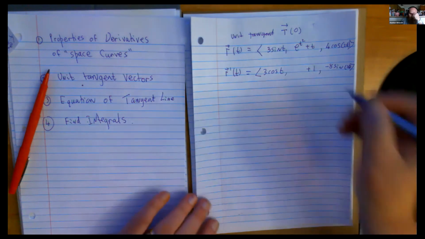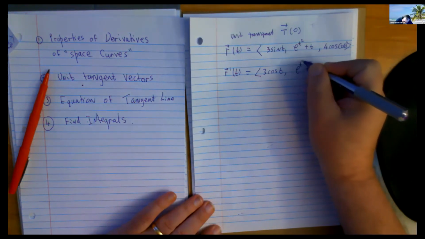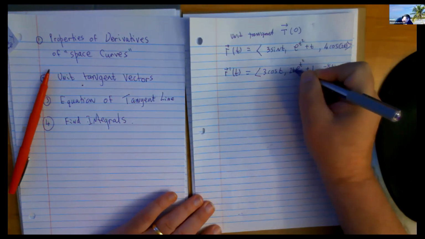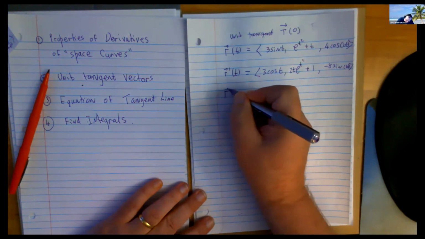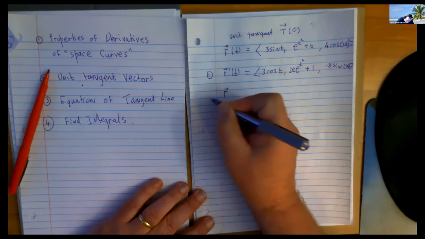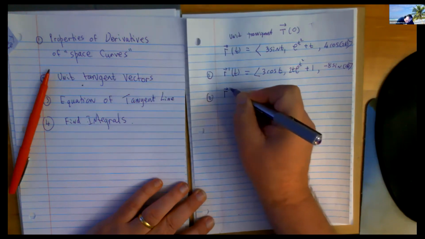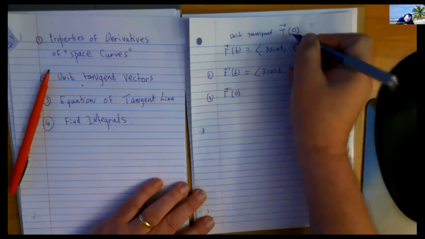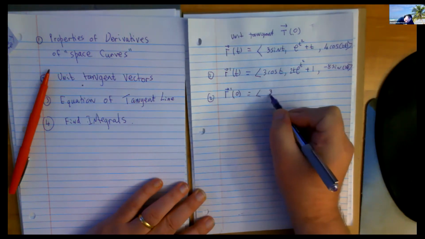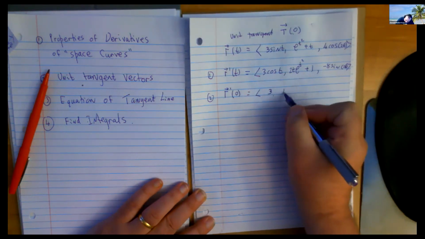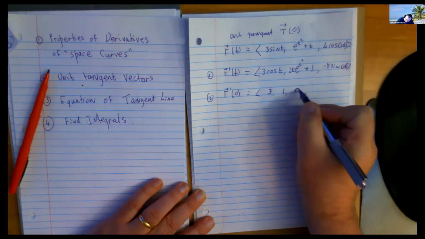Yeah. So the answer would be e to the t squared times the derivative of t squared, so it would be that guy. So that's basically step 1. In step 2, you evaluate your derivative, in this case at 0. And 3 cosine gets me 3. That gets me nothing plus 1. And that guy there gets me nothing.